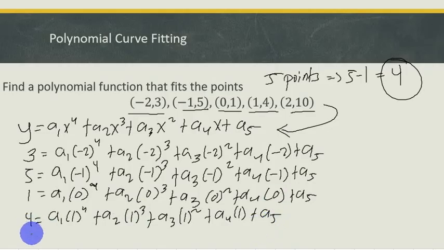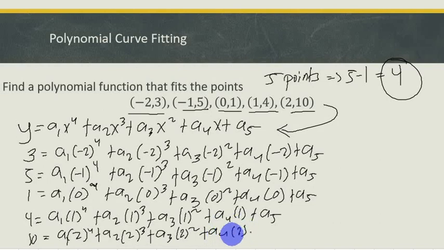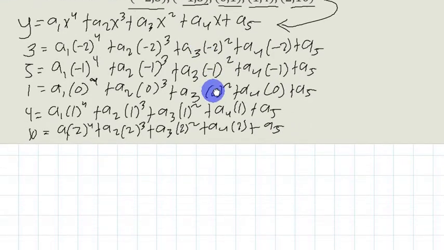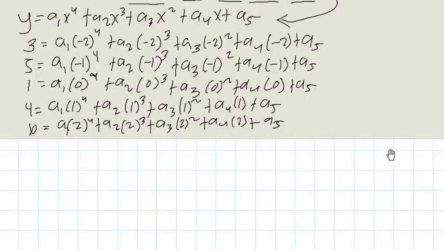Finally, we're going to have 10 equal to a sub 1 times 2 to the 4th, a sub 2 times 2 cubed, a sub 3 times 2 squared, a sub 4 times 2 plus a sub 5. By now, probably you have noticed this specific equation.